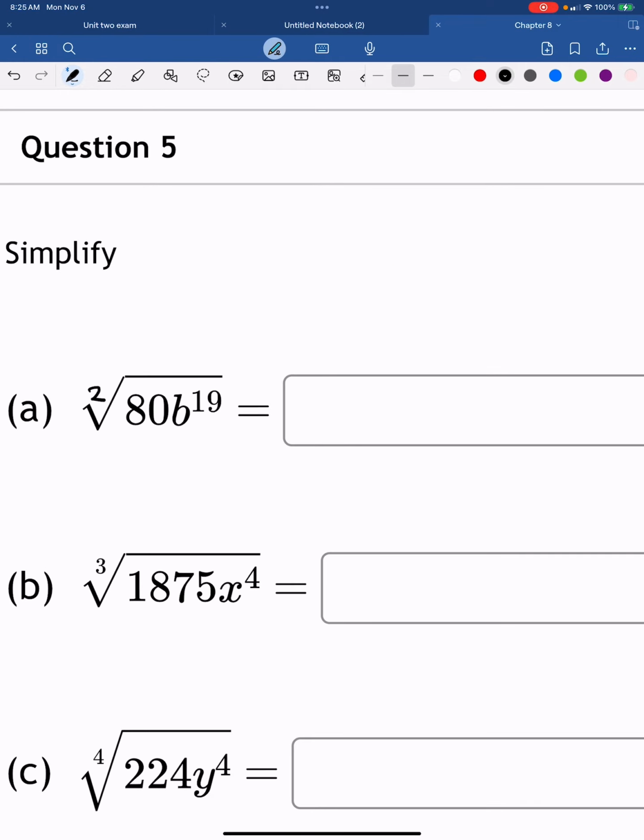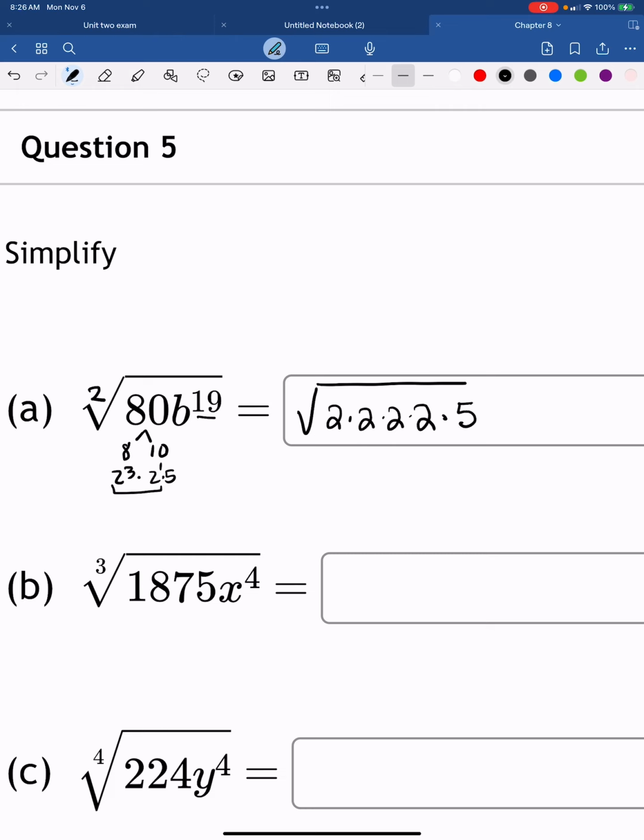Again, we're dealing with a square root. 80 is 8 times 10, and this is 2 to the 3rd, 2 times 5. So I am now dealing with the square root of 2, so this means I have 4 of them, times 2 times 2 times 2 times 5.